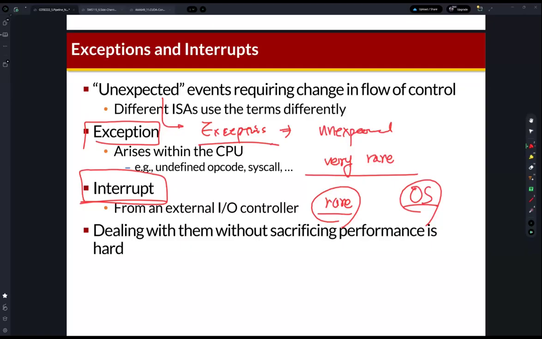Actually, the operation is the same. But in order to support exceptions or interrupts, the CPU supports some hardware components. But the basic operation is similar to the function call. Okay, so you can just understand this.